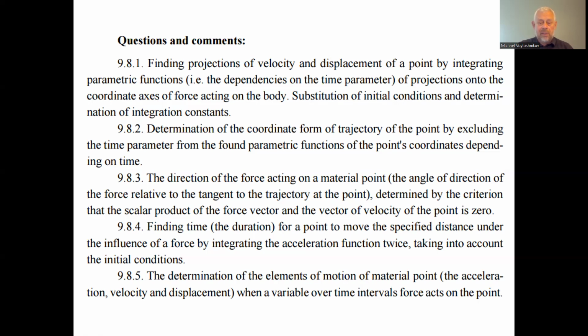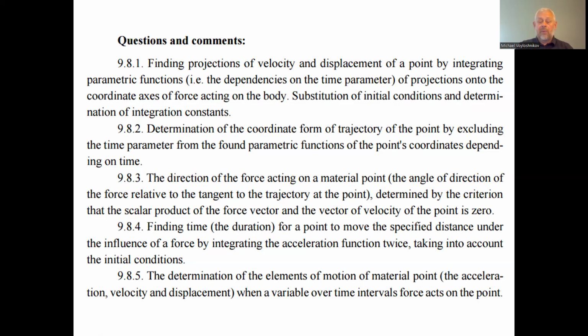And to find the elements of the motion, like velocity or the coordinates of the element of the mechanical system, we can use the differential dependencies of the elements of the motion, like the dependencies of the acceleration, velocity, I mean linear or angular, and the coordinates, the same linear or angular. We can find them by the integration of the acceleration first.